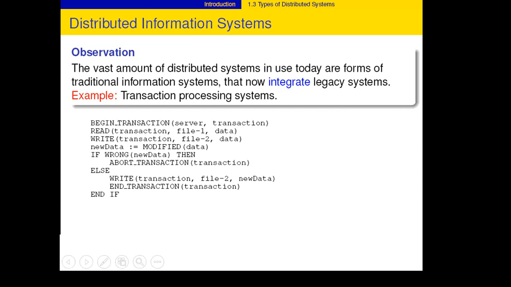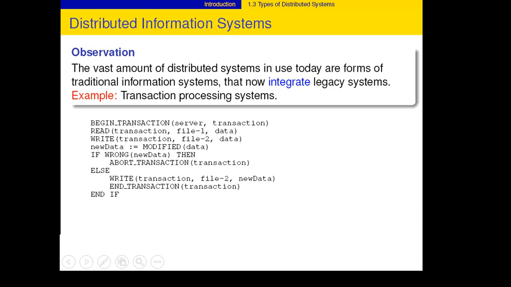This transaction includes some statements. The first statement of this transaction is the read statement: read transaction file 1 and data. By using this statement, the data are read from file 1.